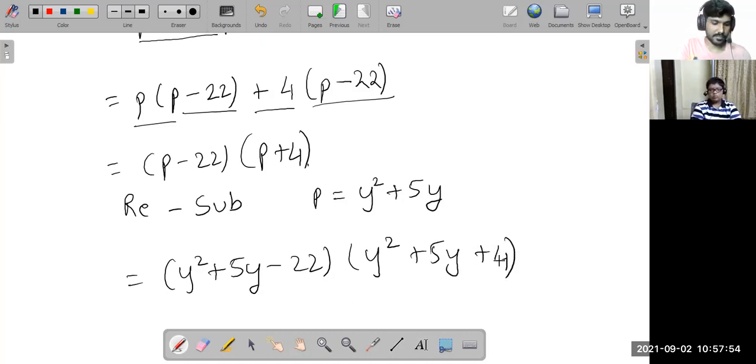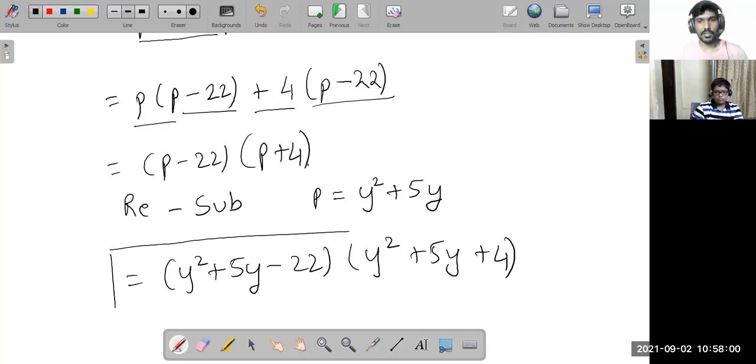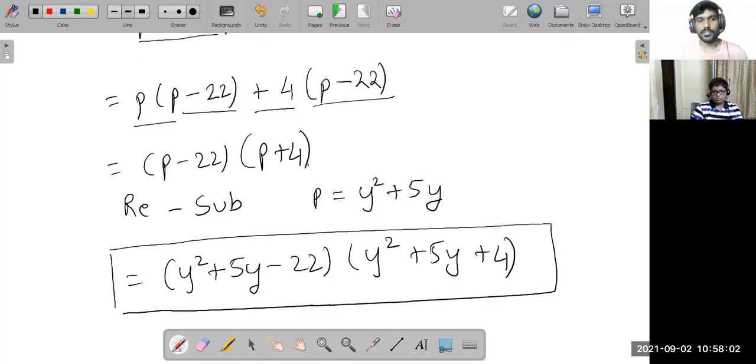Is this clear? We can either leave it like this, or see how the answer is in the back of the textbook. If they want more, then you'll have to solve these two further. If they don't want, it's okay, you can leave it up to here. This is also correct. It is not wrong.